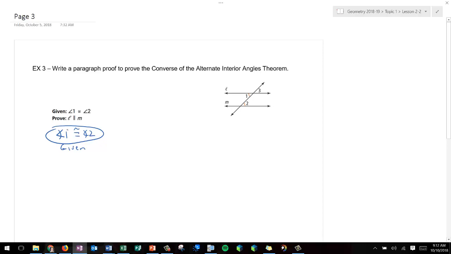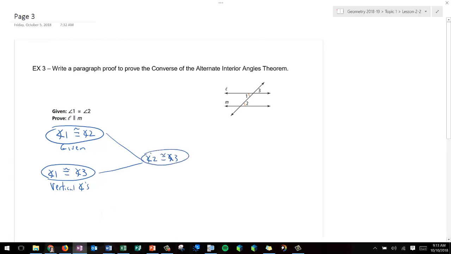Now, if we look closely at the information given to us in this picture, we have 1 and 3. We'd call them vertical angles, or at least I would. So we can say that angle 1 is congruent to angle 3, and those are vertical angles. Well, if angle 1 is congruent to angle 2 and angle 1 is congruent to angle 3, we can put those together and use both of those steps to say that angle 2 is congruent to angle 3.